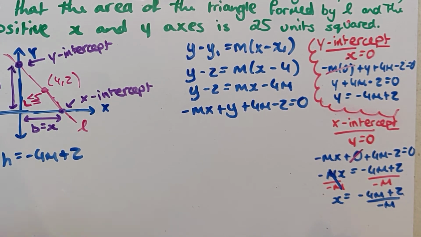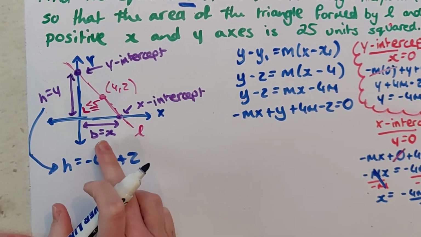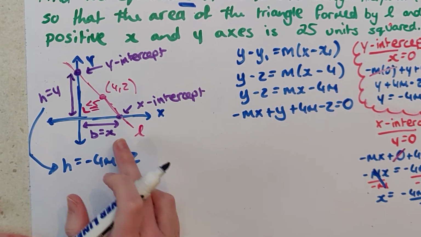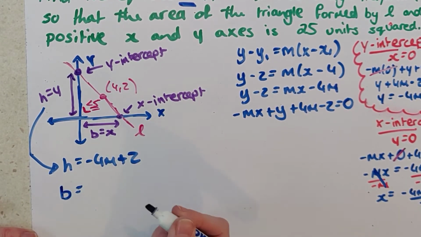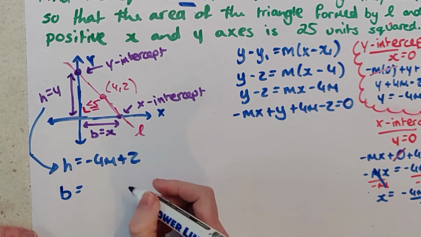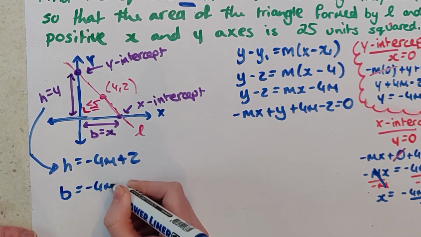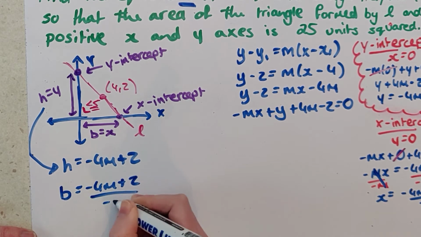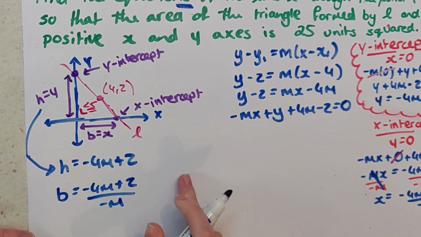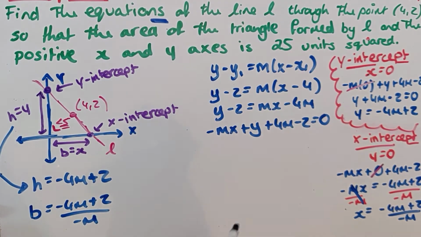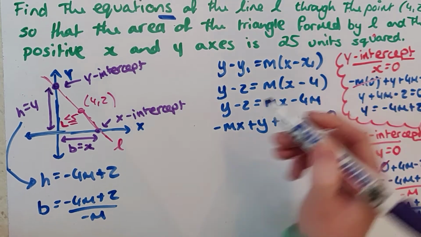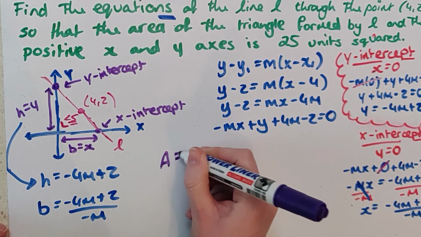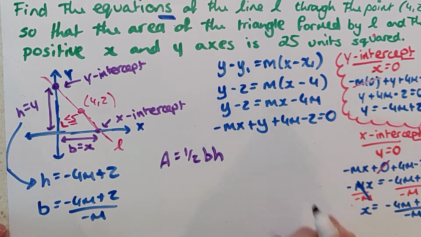Now, that means, going back to my diagram, my base is my x value. So my base here is actually going to be minus 4m plus 2 over minus m. So now I need to focus on the area of a triangle. And I know that my formula for the area of a triangle is half the base times the height.